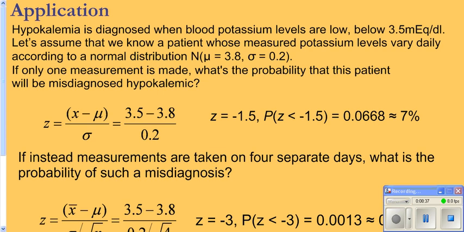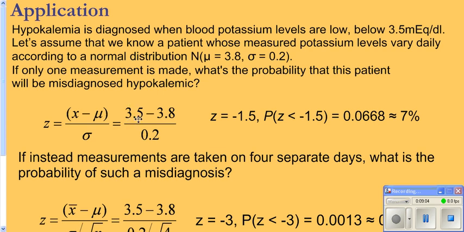So let's consider these two situations. We want to know what's the chance of you being misdiagnosed after one sample. Being misdiagnosed means you'd want to be having something smaller than a 3.5. Well, that's just our normal distribution, or z-score stuff that we looked at in Chapter 3.